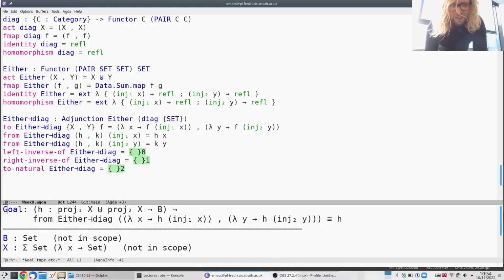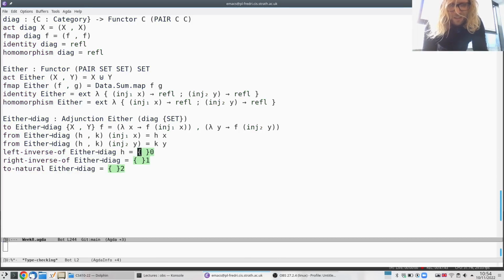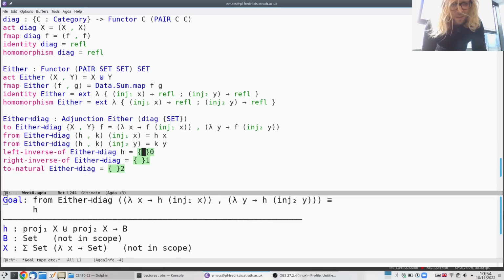Okay. And are these actually inverse to each other? So I get an h. So again, I'm trying to show that two functions are equal. So I'm going to do that with x.